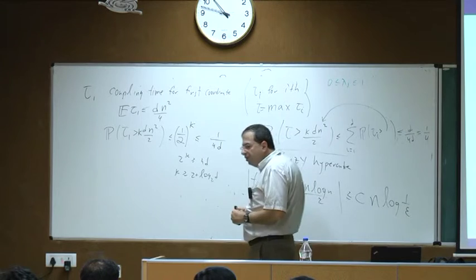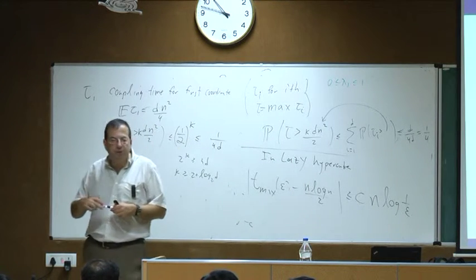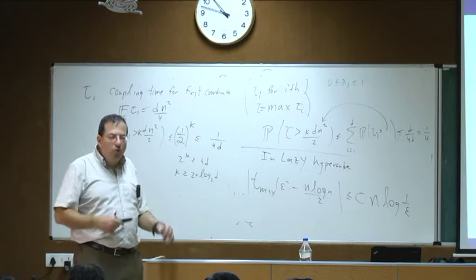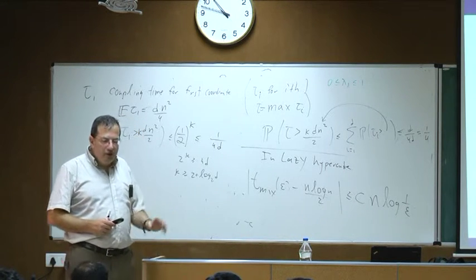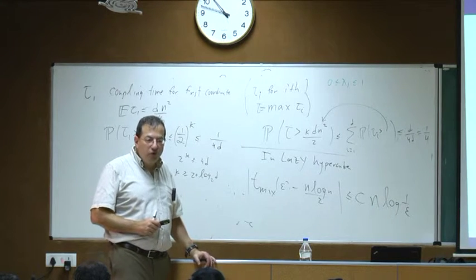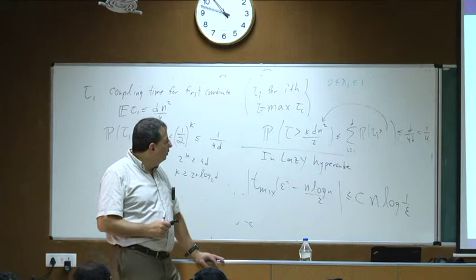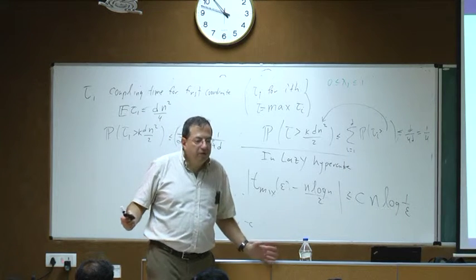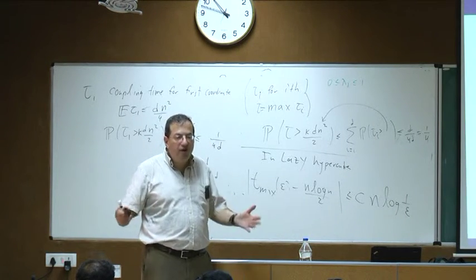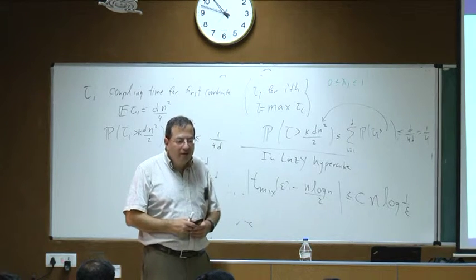So t_mix of epsilon has to depend on epsilon, but that dependence is of lower order. It's only linear in n. So n log n over 2 gives you the right order. And you might wonder, where is the half coming from? Because for the coupon collector, if you want to collect n coupons, you need n log n.